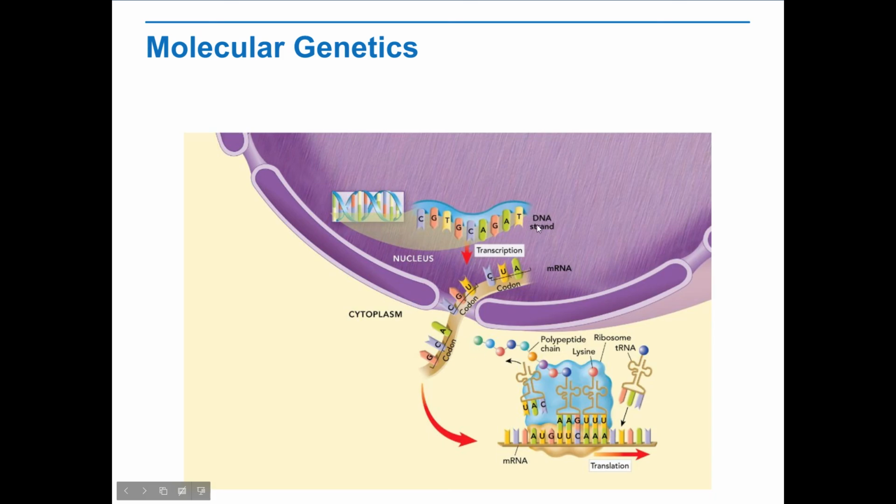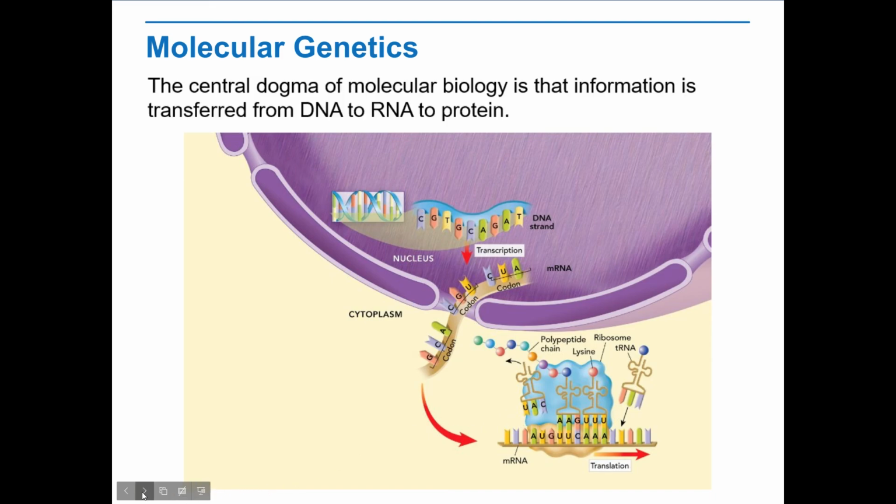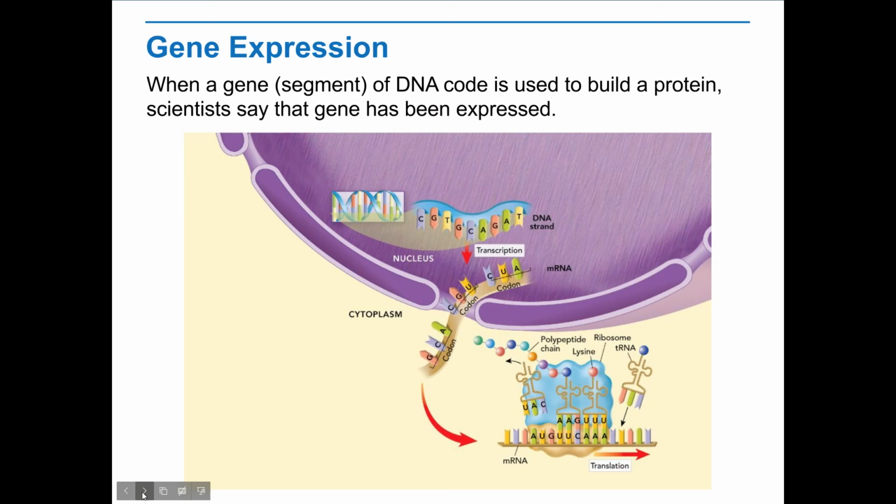So let's say this is for hair color, this protein would be made and would give us our hair color, the pigment that we have. I want you guys to understand that this is how genetics are expressed, by expressing those different genes, making those different proteins. So we know that when a gene of DNA is used to make a protein, we would say that it's been expressed. Okay?